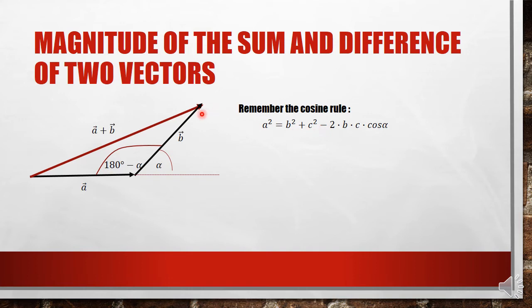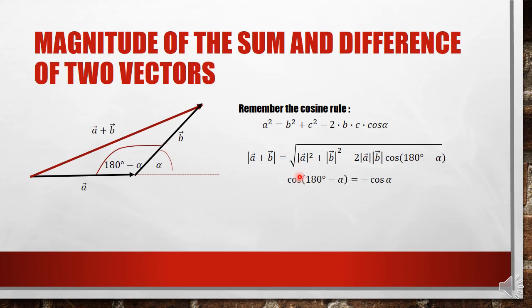So in this case, if we want to find the magnitude of a plus b using this rule, we get the magnitude of a plus b equals the square root of a squared plus b squared minus 2 times a times b times cosine of 180 minus alpha, because the angle in between is 180 minus alpha.